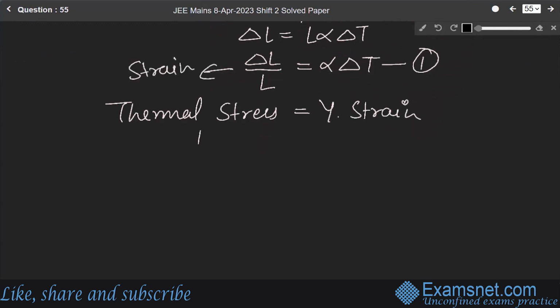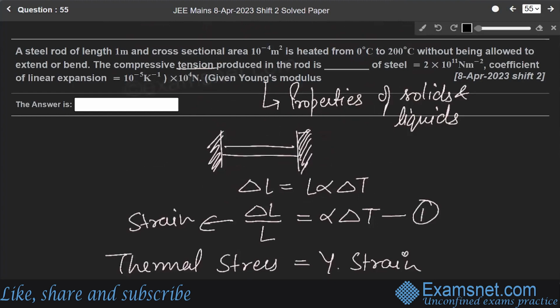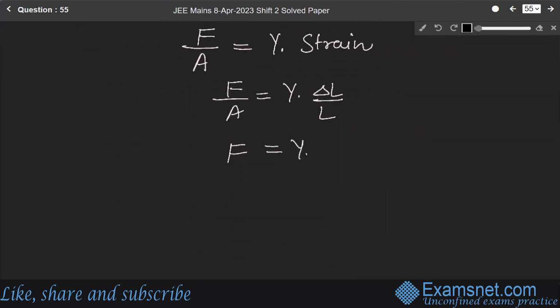So thermal stress, force upon area, is equal to Young's modulus into delta L over L. So F over A equals Young's modulus into delta L over L. F is tension here. So this tension equals Young's modulus into alpha delta T into A.